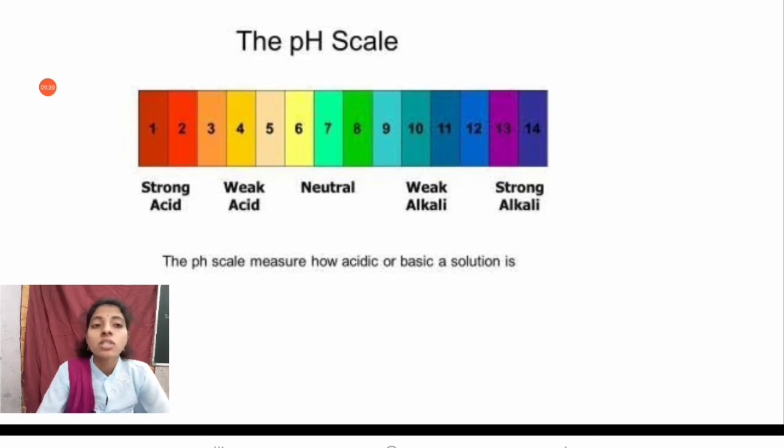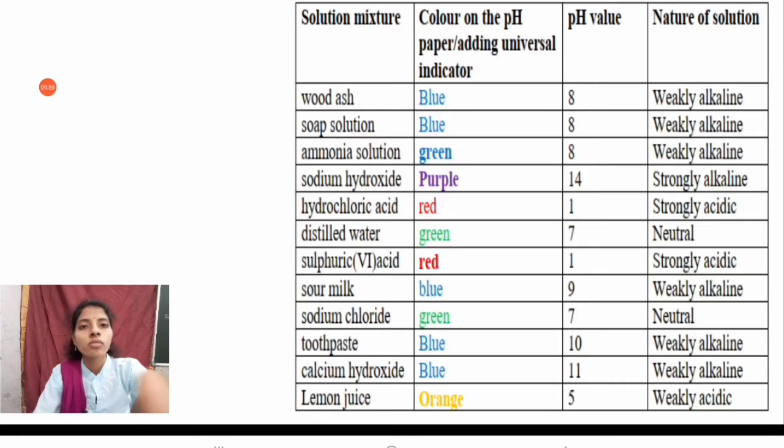Here 7 is light green, and weak alkali is dark green, and strong alkali is somewhat blue and somewhat pink. So, here we can observe different colors. Remember these colors. Based on this we can easily identify the nature of the solution, whether it is strong acid or weak acid, or maybe strong base or weak base. Okay.